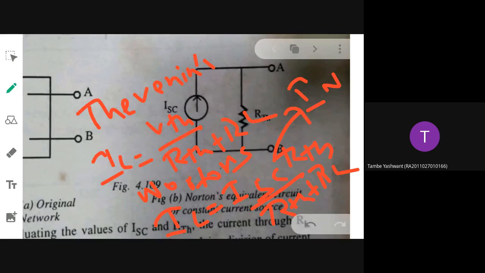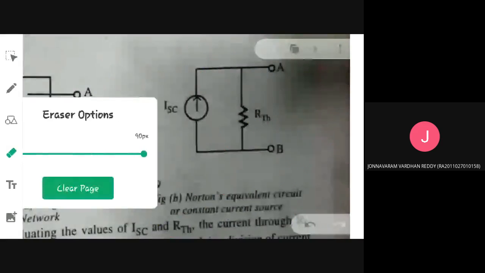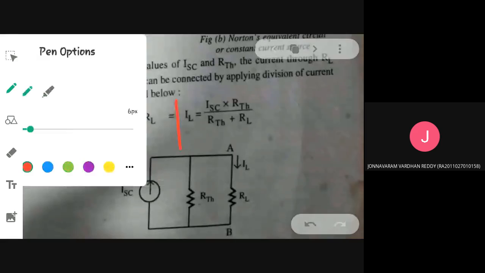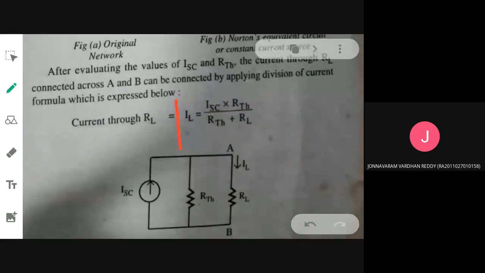ISC is a short circuit current. So what is the formula for IL as per Norton's theorem? ISC into R Thevenin by R Thevenin plus RL. Yes, that formula is for determining the load current when it comes to Norton's theorem.